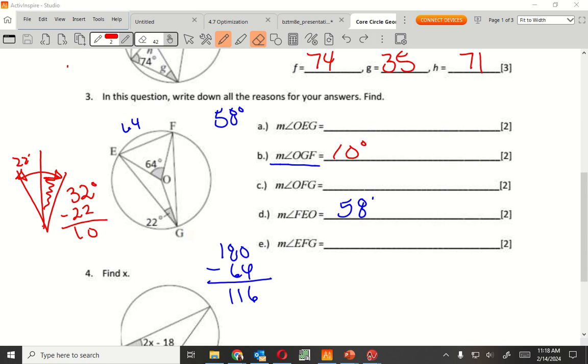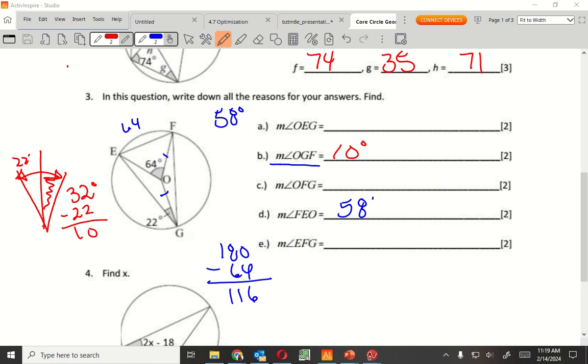So, let's see. The next thing that we know, from there, this side here is 10. This one here and this one here, are those also radii?